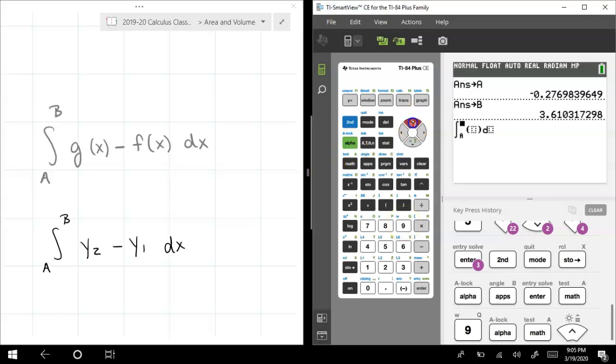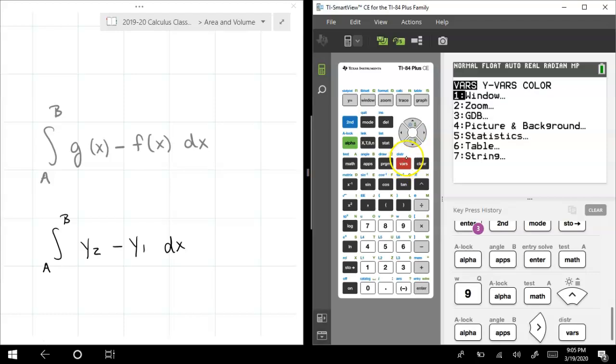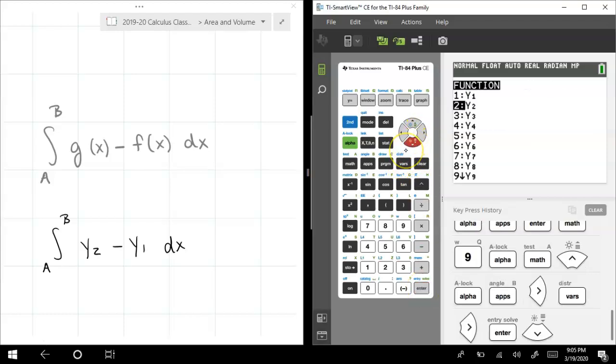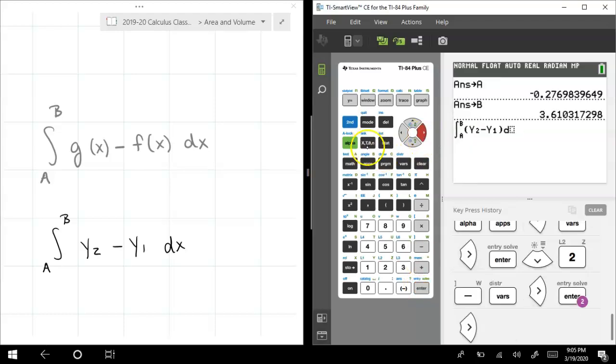I'm going to start at A, end at B, calculate y2 minus y1 by going to vars over to y vars number 1. That will pull up all the y values. So I need y2 minus y1 in terms of x.